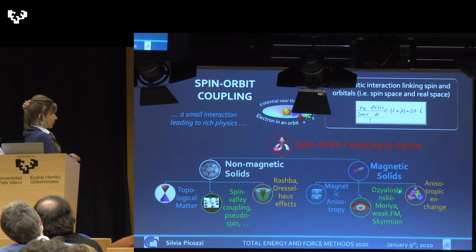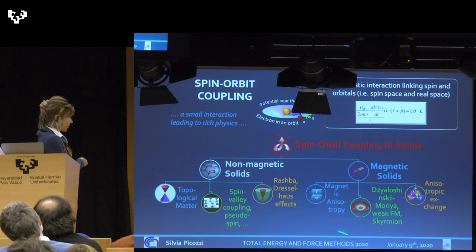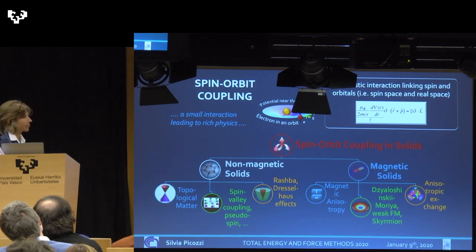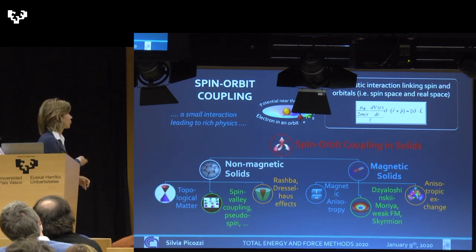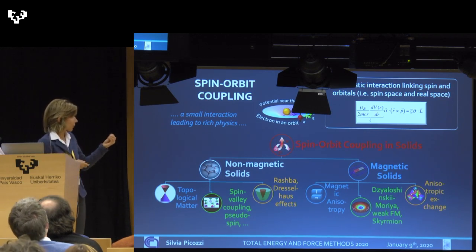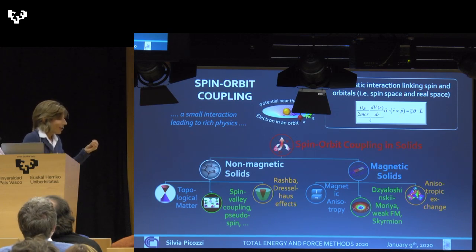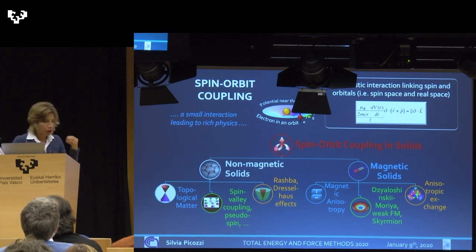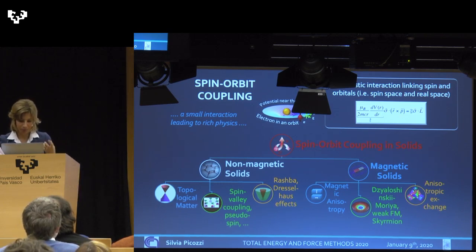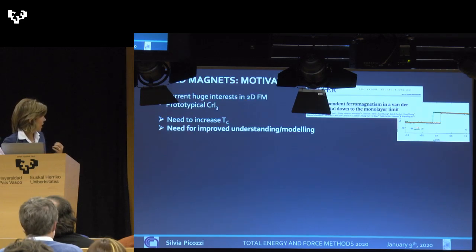But of course, it's basic in magnetism because all the applications of magnetism rely on magnetic anisotropy. It also gives rise to different microscopic mechanisms, especially anisotropic exchange, which have not been much explored so far.